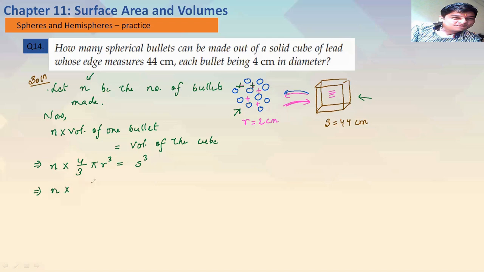N times 4 by 3 into 22 by 7, and r is 2 times 2 times 2 times 2. In order to find n, what are you going to do?